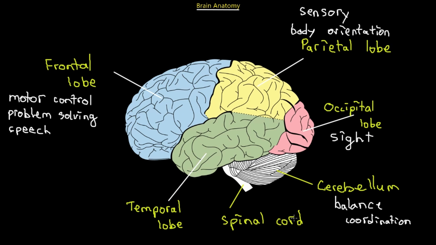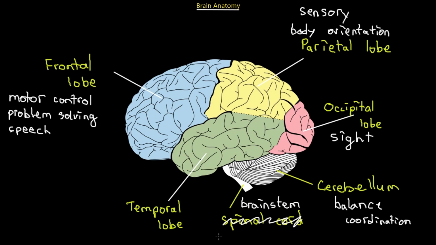So the spinal cord here, we could also call this brain stem. So brain stem that would lead to the spinal cord, and so I wouldn't really call it spinal cord. I would call it brain stem, and the brain stem is responsible for some of the most important physiological responses. They're involuntary responses.